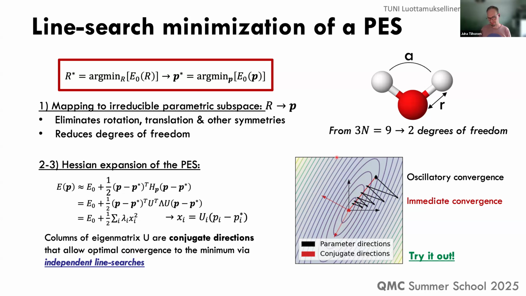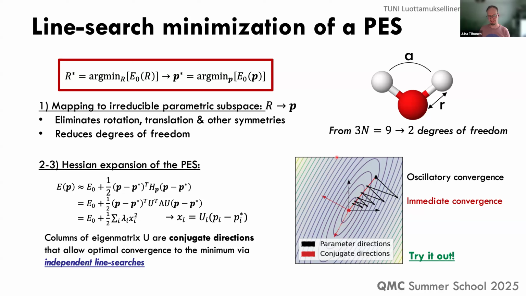And you can try it out. Actually, it's in the repository. An example: if you devise a PES such as given on the right-hand side bottom, you can see that if we take a displaced position such as on the top right corner and use the conjugate directions given in red to minimize the energy, both directions individually, we immediately, from any position, find the minimum.